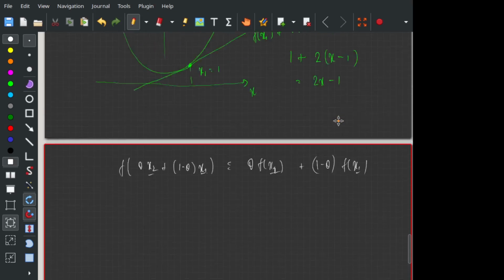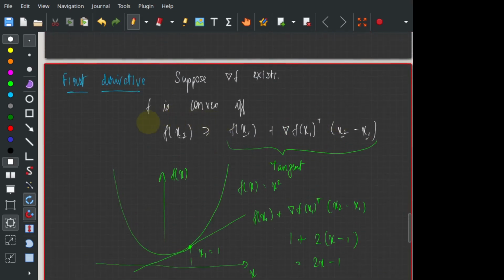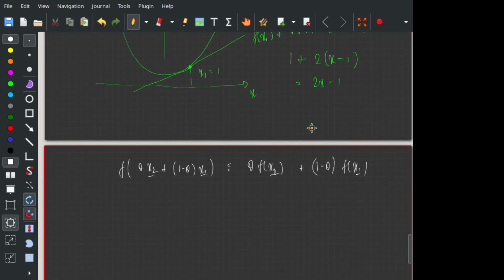Okay, so can we bring this to this particular form? So let's take f of x2 to one side and put all the other terms on the other side.